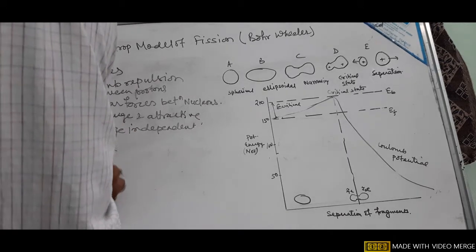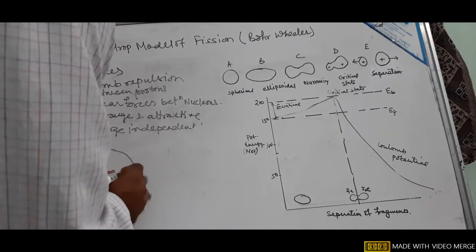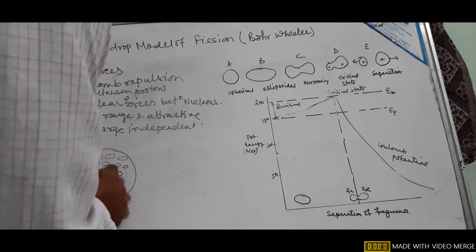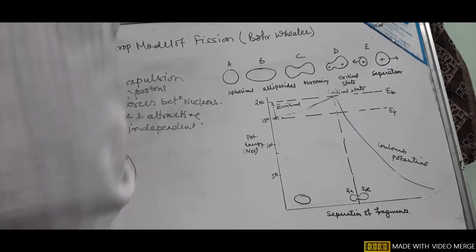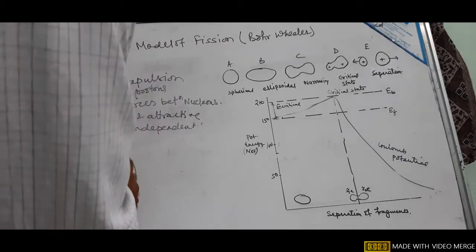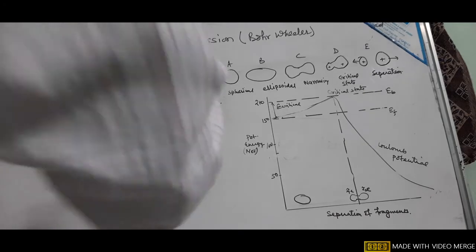If you take a nucleus with nucleons, the nucleons which are present deep inside the nucleus are surrounded by other nucleons on all sides.